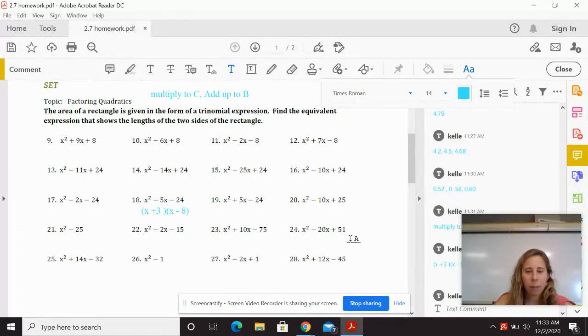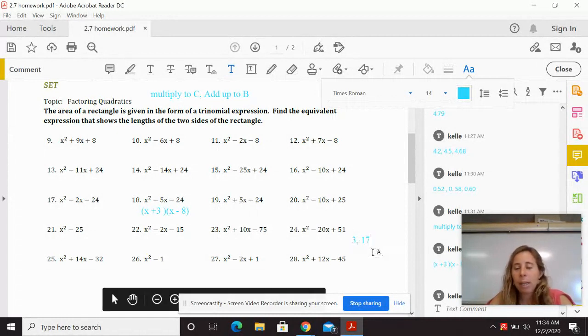Well, it's divisible by 3. I can't think of factors of 51. I mean, there's 1 and 51. 3 times... I don't know. Hold on. I'm going to do it. 1, 3, 2. Oh, it is 17. That was my guess, but I don't want to say it. So 3 and 17. 3 times 17 is 51.